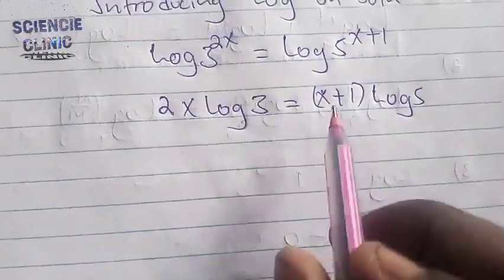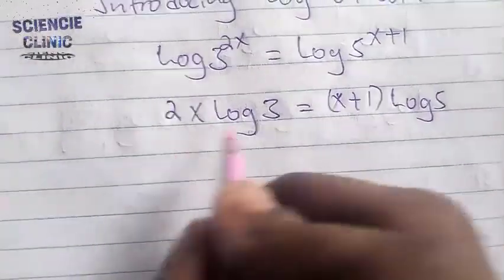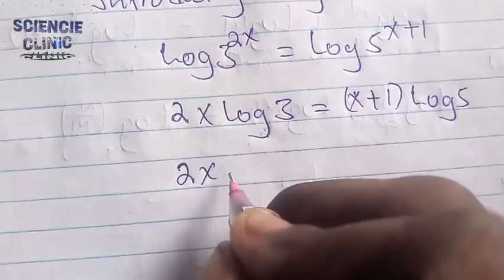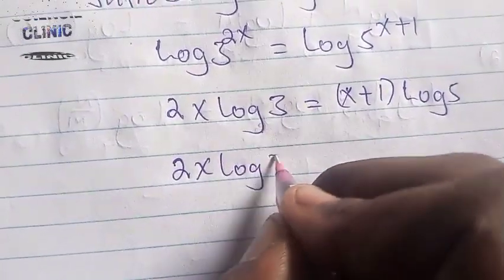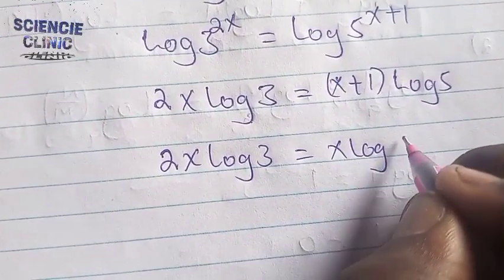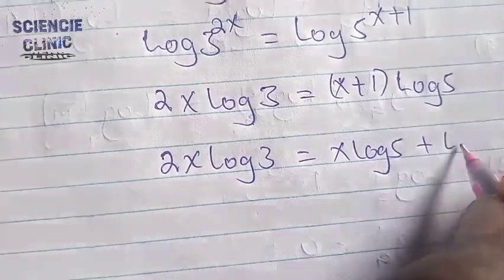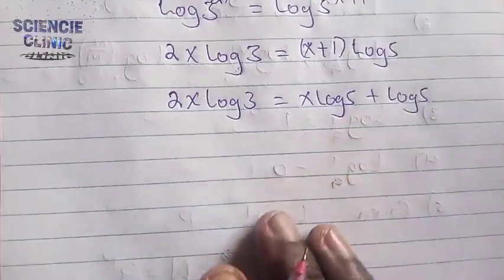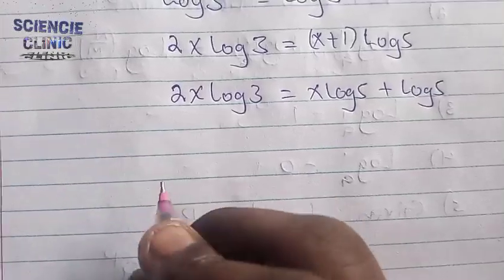Now what can I do? I can expand this. So I'm going to have 2x log 3 is equivalent to x log 5 plus log 5. From there, now what is next?